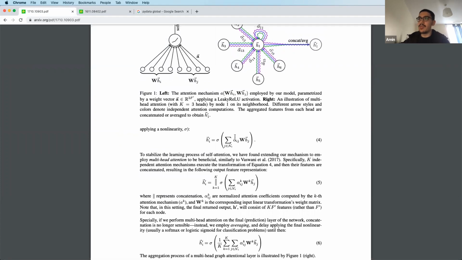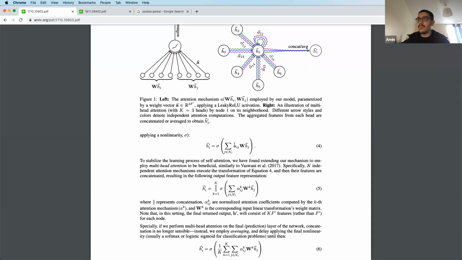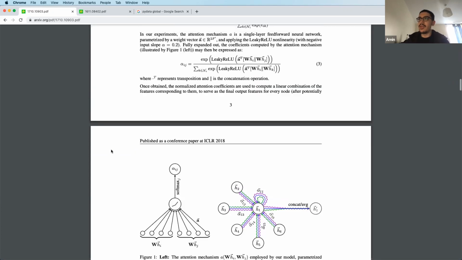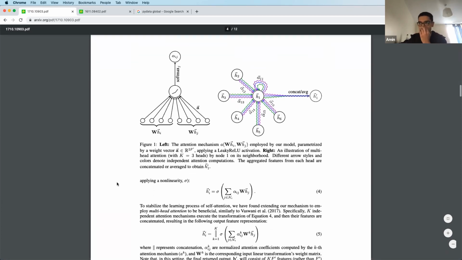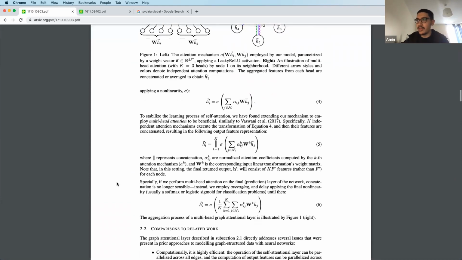They say that in previous models this is either given as fixed, as edge weights, or it's included as a learnable parameter. But in this model, instead of the value being included explicitly, it's included implicitly through the attention mechanism. So that's a summary of the model.